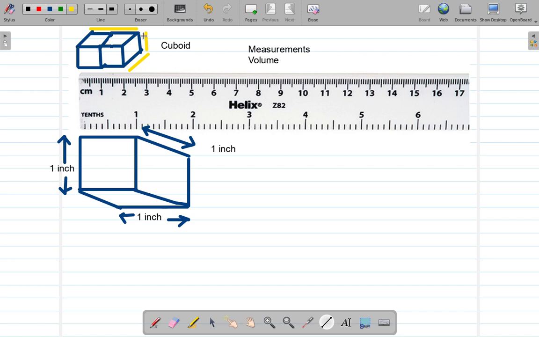Well, you can see that it's supposed to be 2 centimeter cubes here, but let's write it out and calculate it.